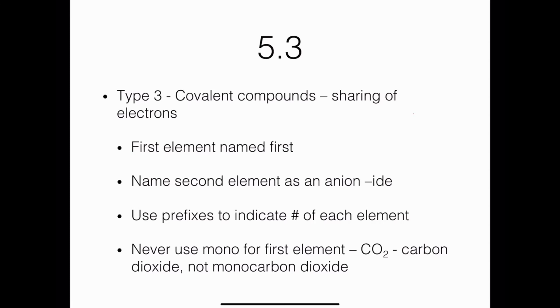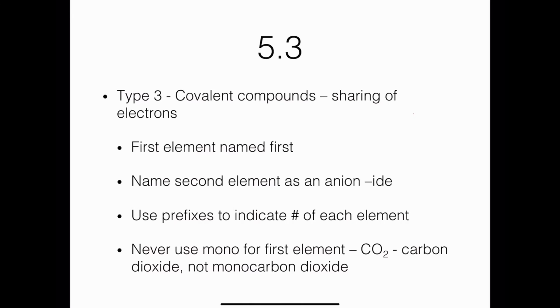In this case, we're going to use numeric prefixes to indicate the number of each element. Again, this type has nothing to do with charges. So we're not looking at charges, we're not looking at crisscrossing here. We are only using prefixes to indicate the number of each element, or the subscript on the element.